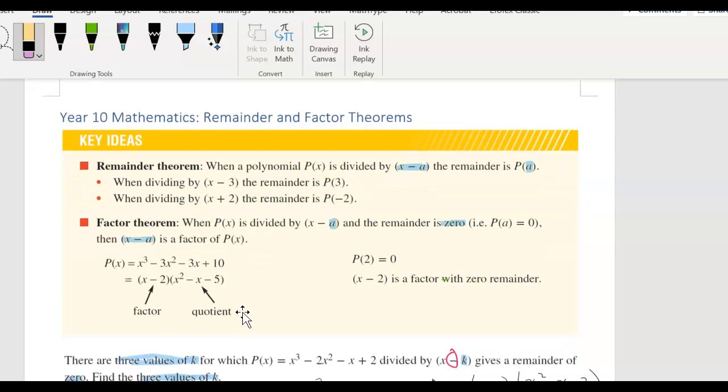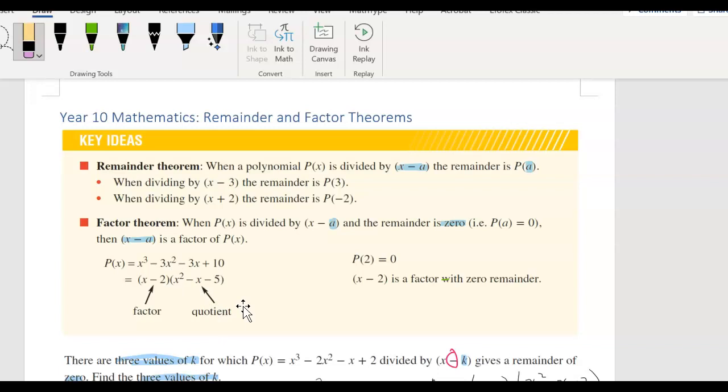So with this example here, you've got your polynomial x cubed minus 3x squared minus 3x plus 10. We've shown that x minus 2 is a factor. And another factor is also your quotient. All right, so they're same thing. But then we go on and factorize this quotient.